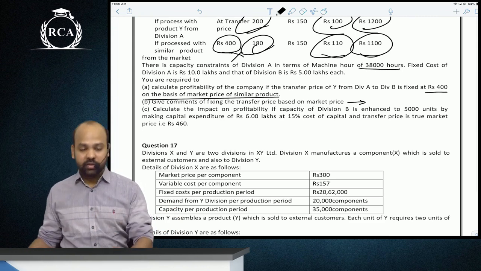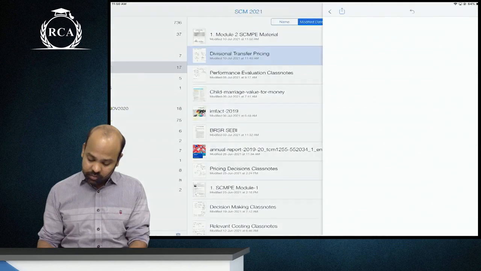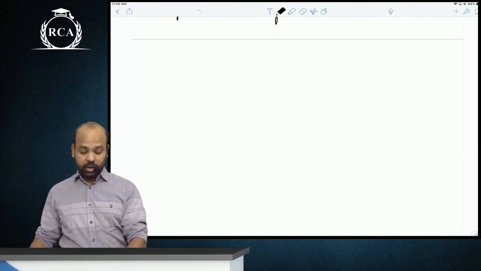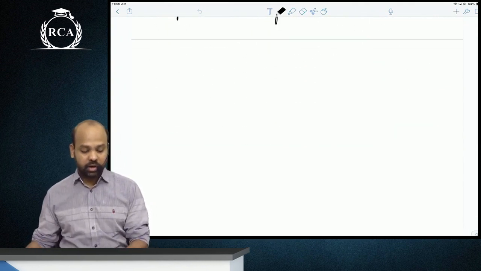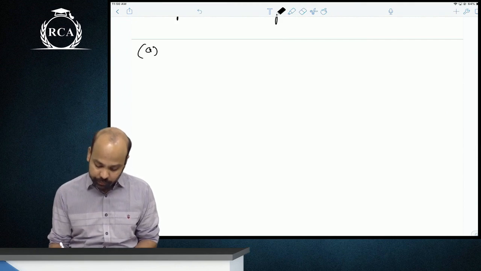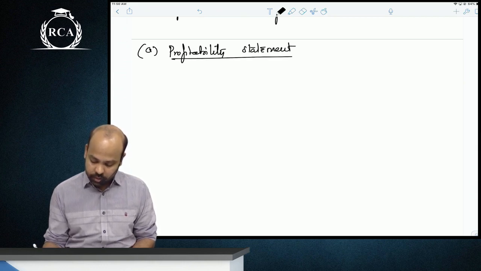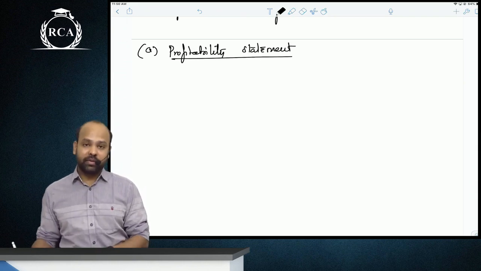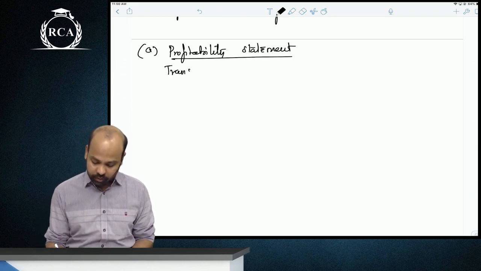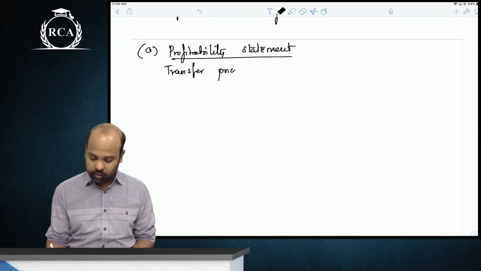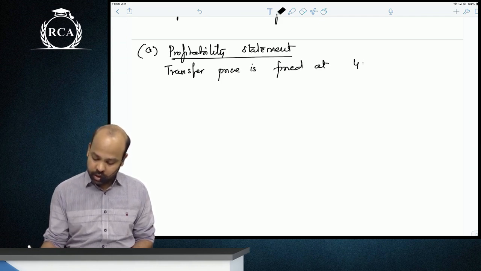They did not ask us anything else here. The first part is only a profitability statement if the transfer price is fixed at 400 rupees.